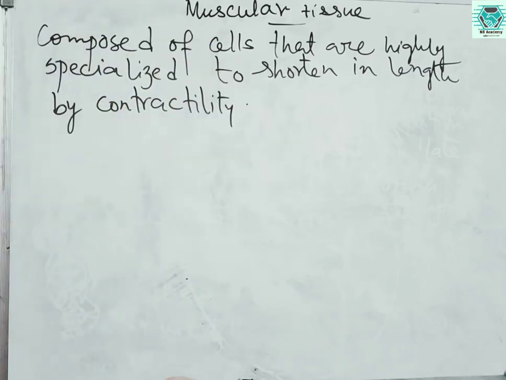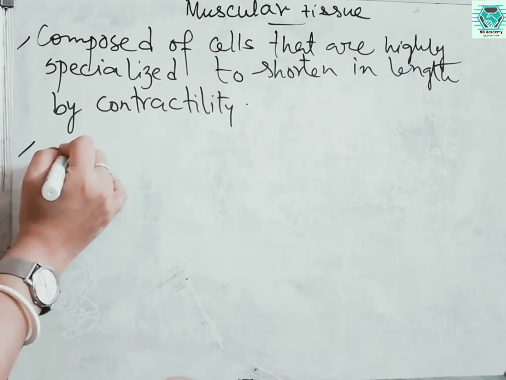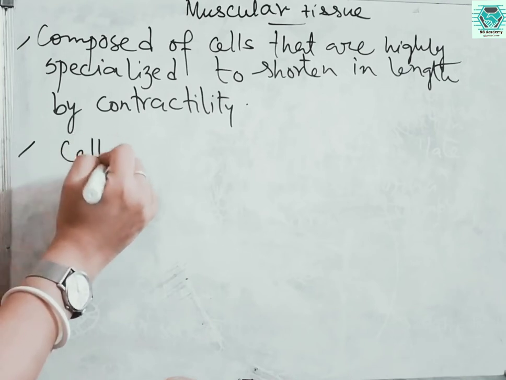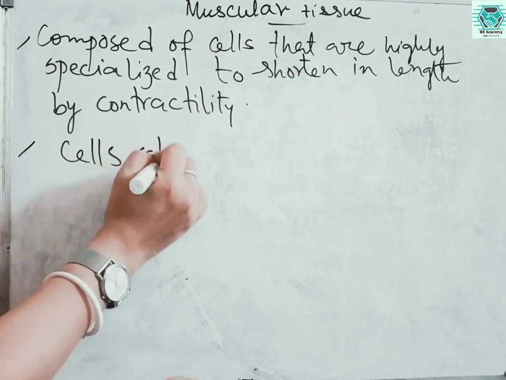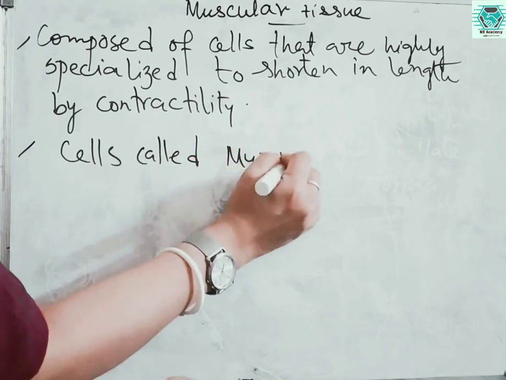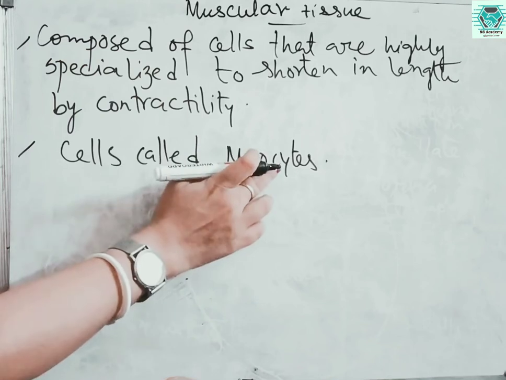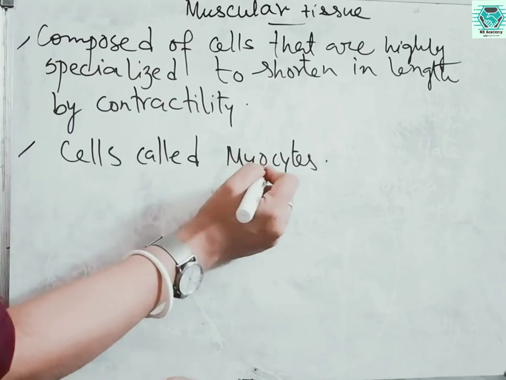Okay? And the cells are named as myocytes. So myocytes are the muscle cells.